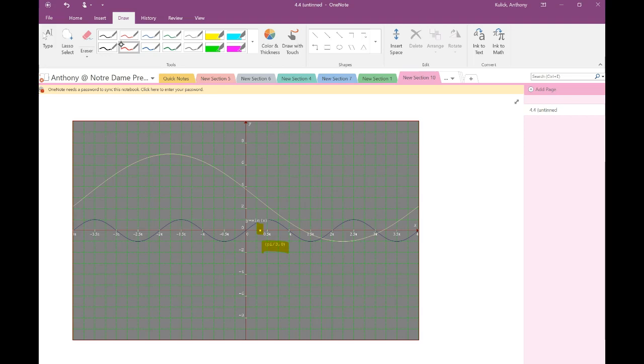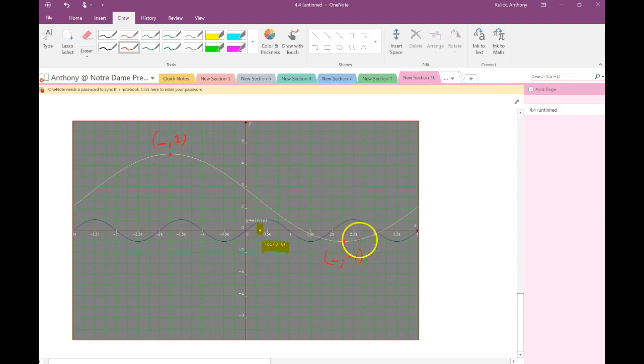So if I think about it, I know the mean line has to be halfway in between the peak, or the crest, and the trough. So this looks like something, comma 7, and this looks like something, comma negative 1. I don't really care what the x coordinate is, I just care about these y coordinates.